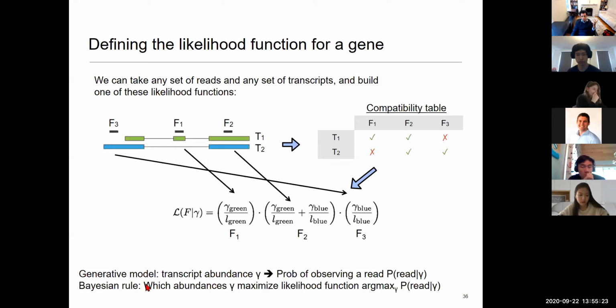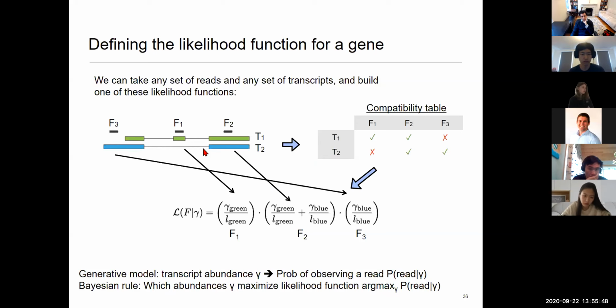And using Bayes' rule, as we saw before, you can now basically say, well, what transcript abundance should I infer to maximize my likelihood function? So basically, we're going to be searching argmax over these transcript abundances in order to maximize the probability with which these transcript abundances are likely to have generated the reads that we observe.